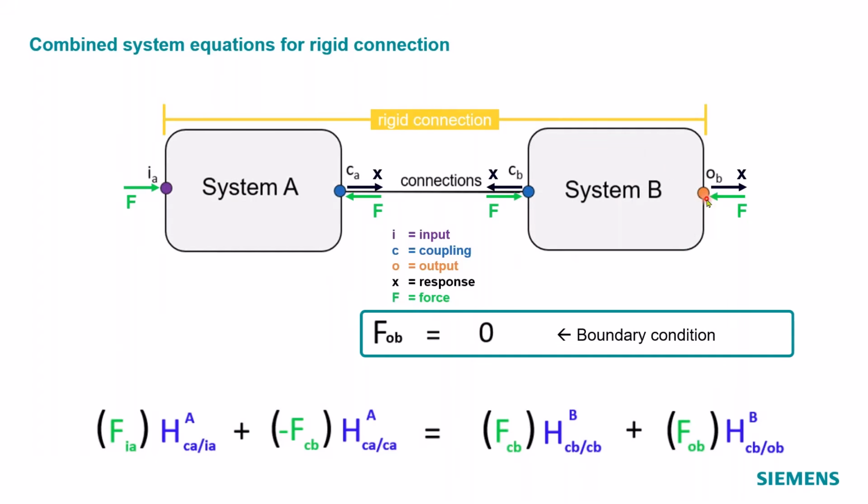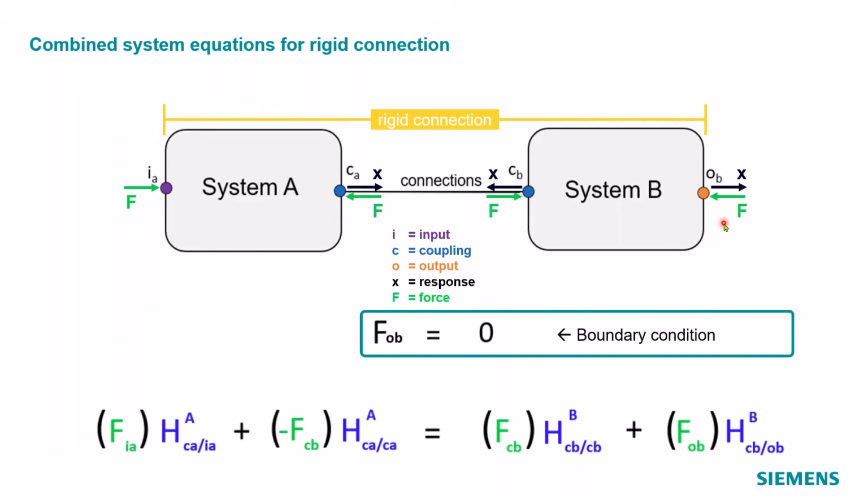And this cross FRF is like a P over F for our car body, if you want to think of it that way. I hit with a hammer here and measure a pressure response here. When I'm doing that, I better not have any sound being generated external to the system and acting coming this direction to the output.